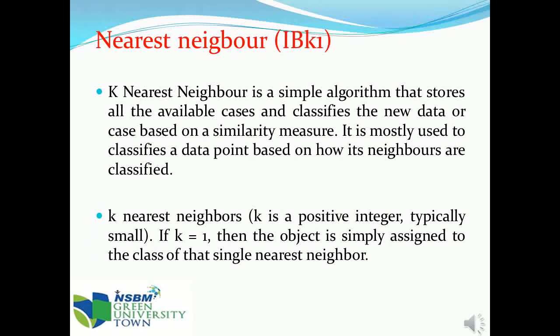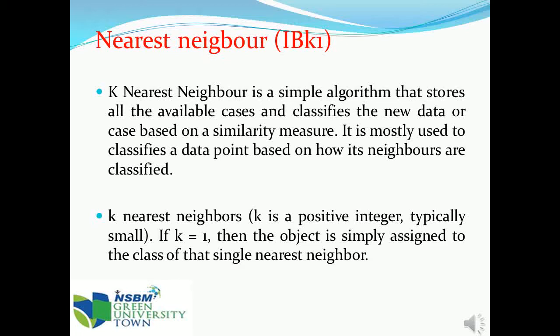First, I will explain briefly what is nearest neighbor. K nearest neighbor is a simple algorithm that stores all the available cases and classifies the new data or case based on a similarity measure.